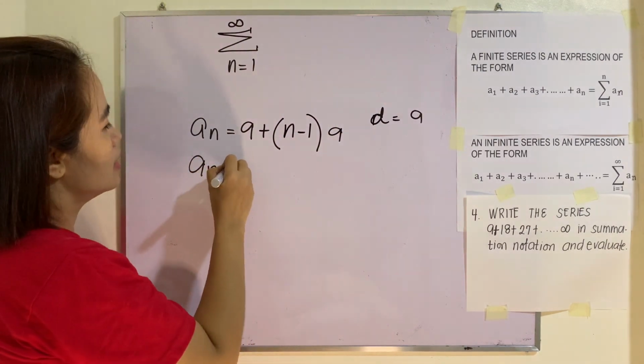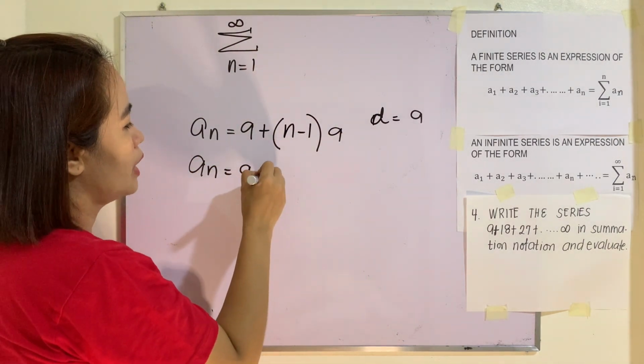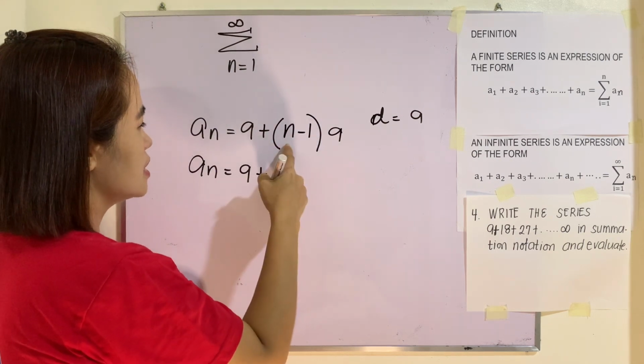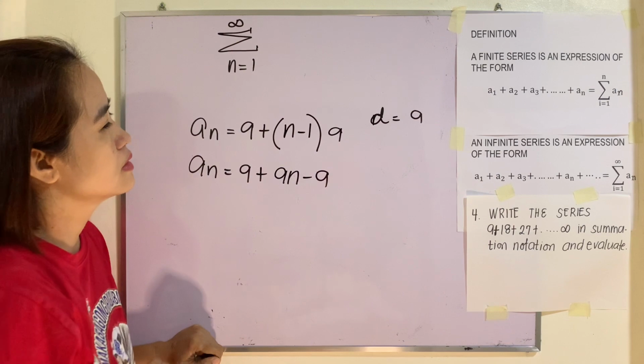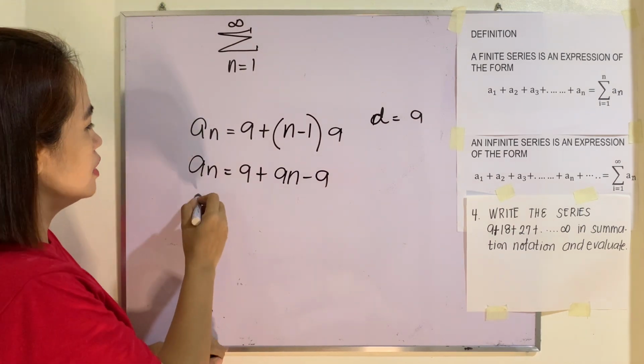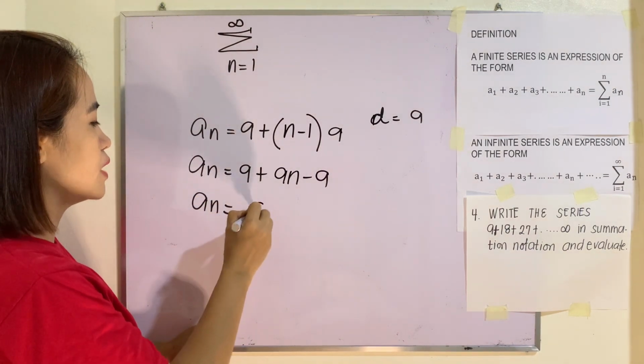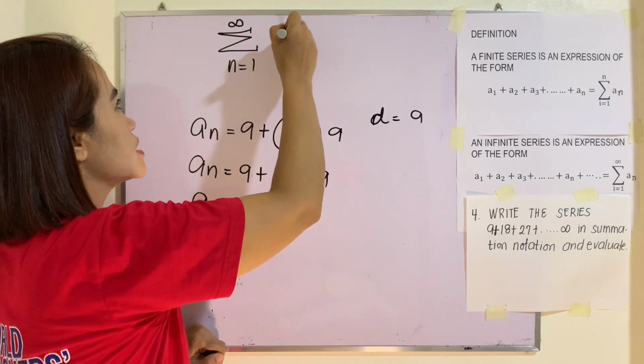So a sub n is equal to 9 plus 9n minus 9. So we have here a sub n is equal to 9n.